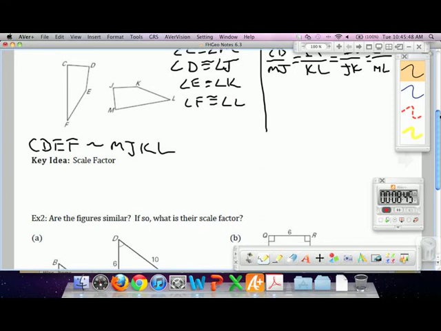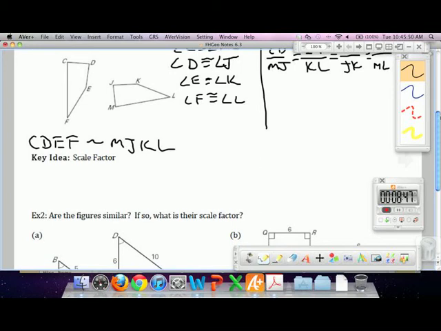We're going to talk a lot about this thing called a scale factor, which you've seen in like maps and stuff. Maps are just similar figures. So like an overview of the Earth versus a similar figure on a plane.